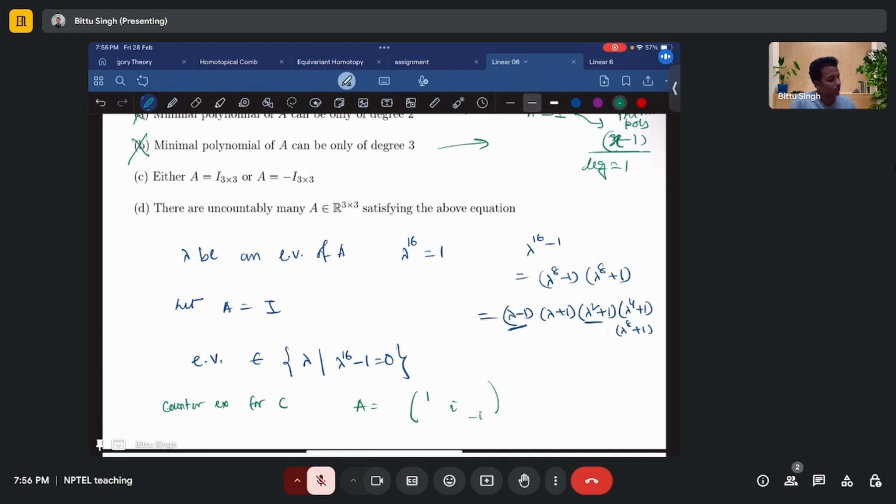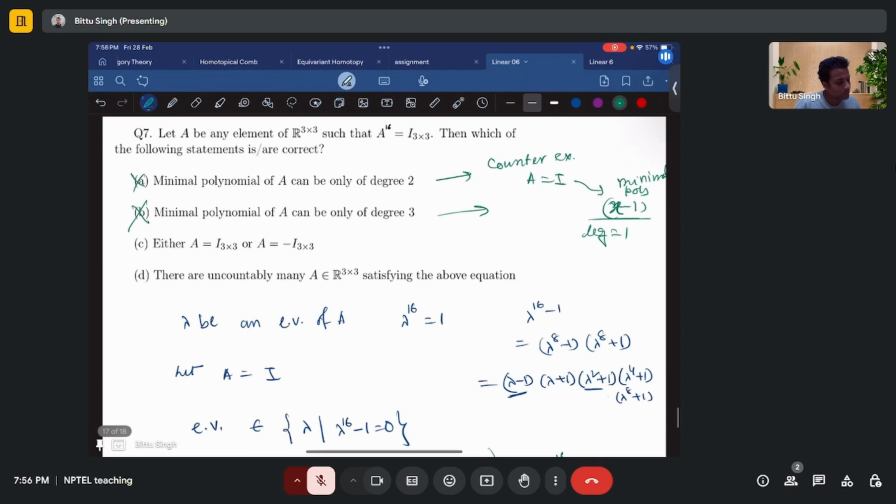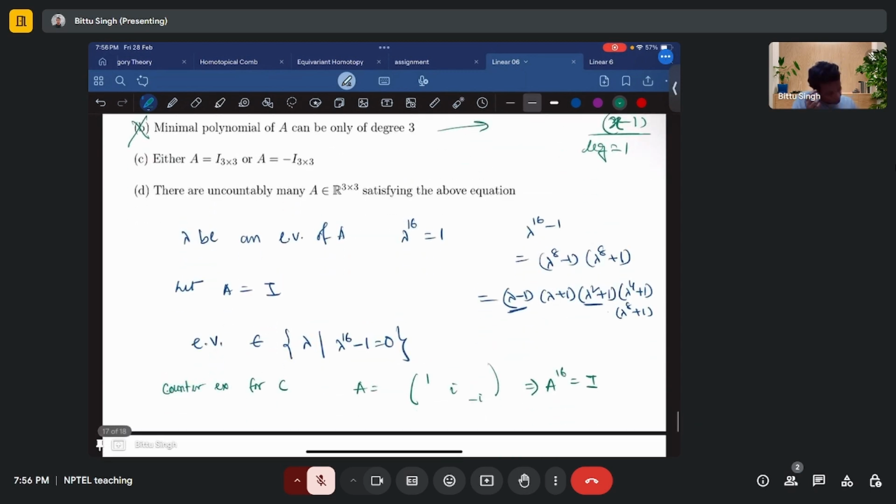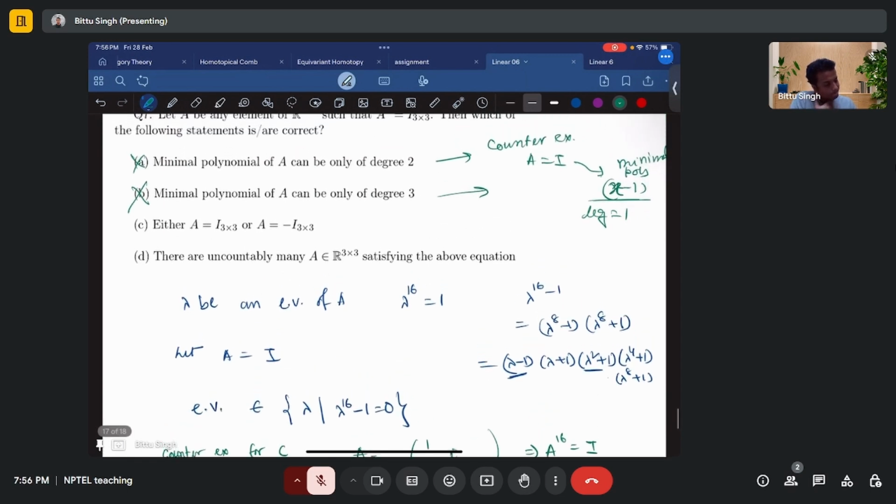Oh, but the problem is A is a real matrix. That is also a problematic part, so we cannot use this example. Plus minus I we cannot write here.